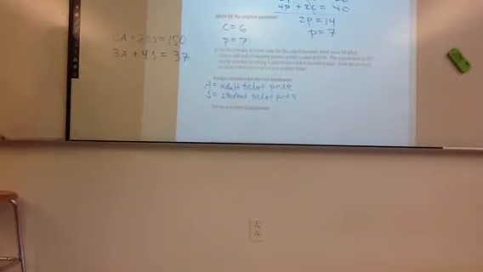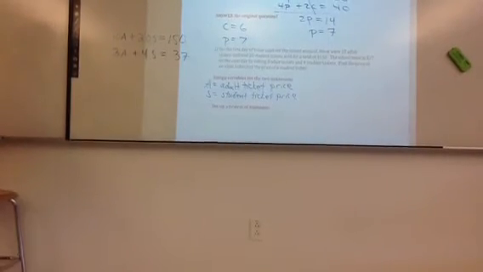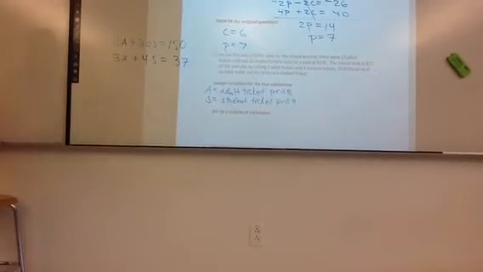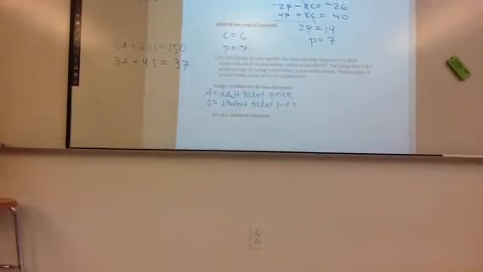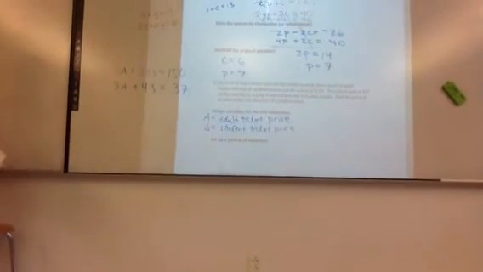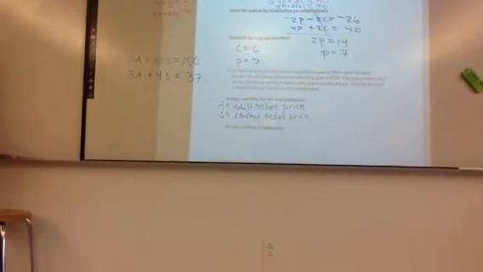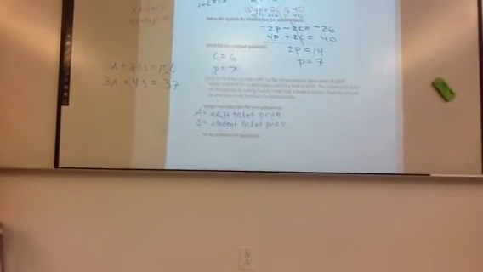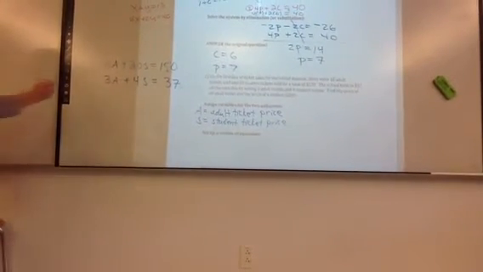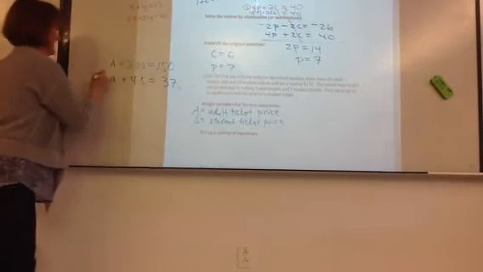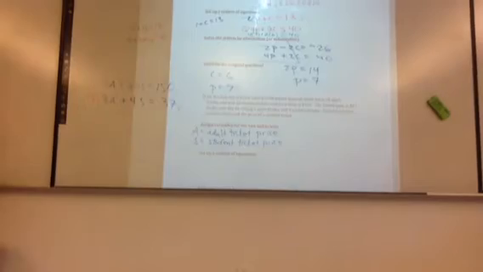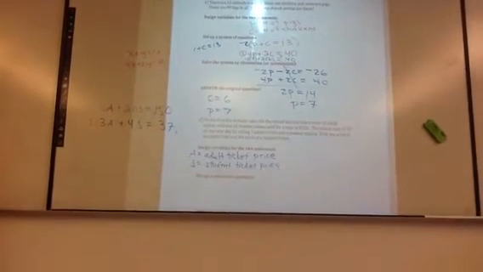Think about using elimination. Think about which variable makes sense to eliminate, and tell me which equation you would like to multiply by something. Multiply the second equation by negative 5. If we multiply the second one by negative 5, your S's are going to be eliminated.